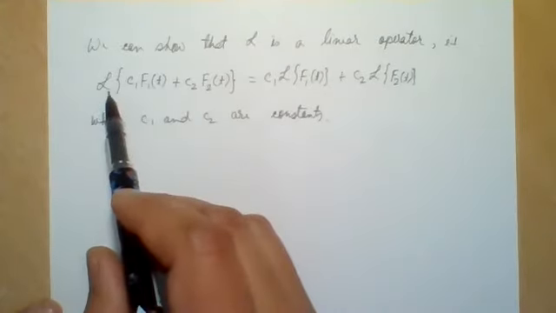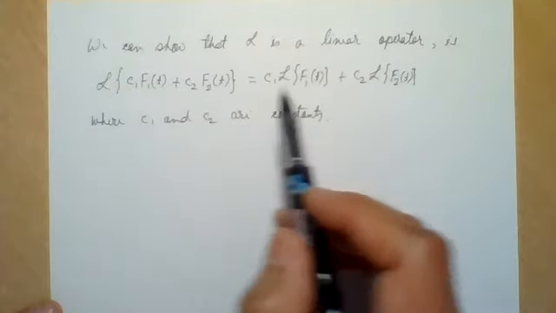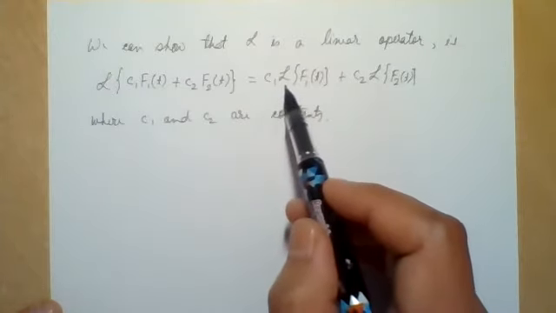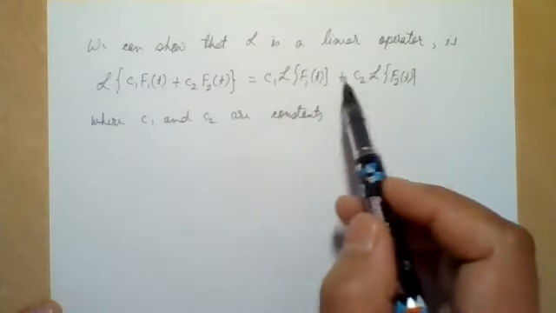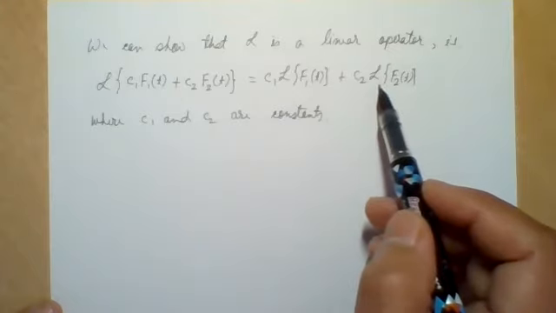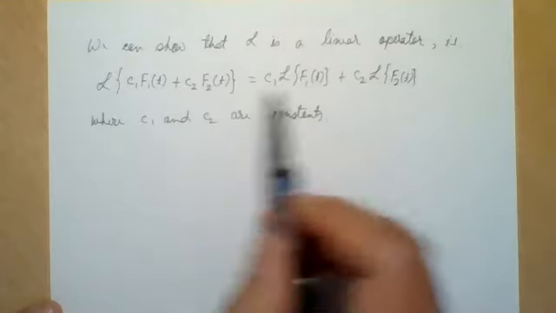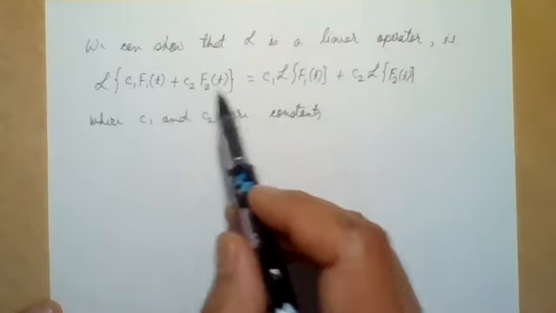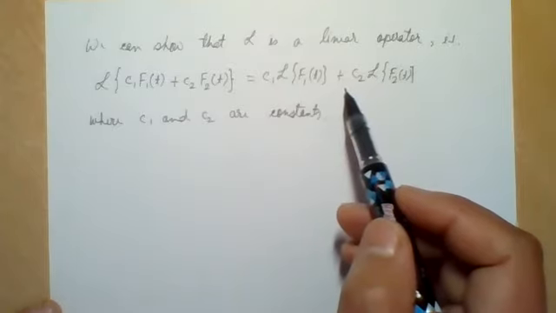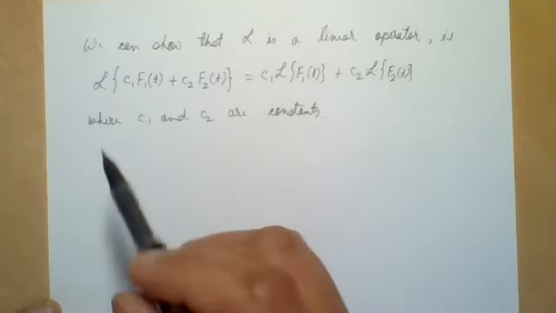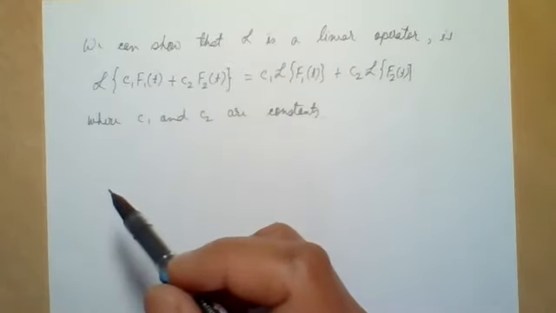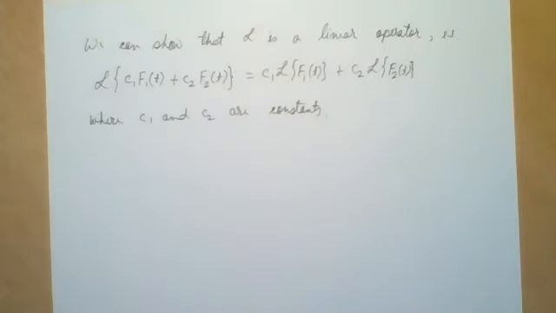The Laplace transform operator operating on this is equal to C1 times the Laplace transform operator operating on F1 plus C2 times the Laplace transform operator operating on F2. If the left-hand side is equal to the right-hand side, then we say that this operator is a linear operator.